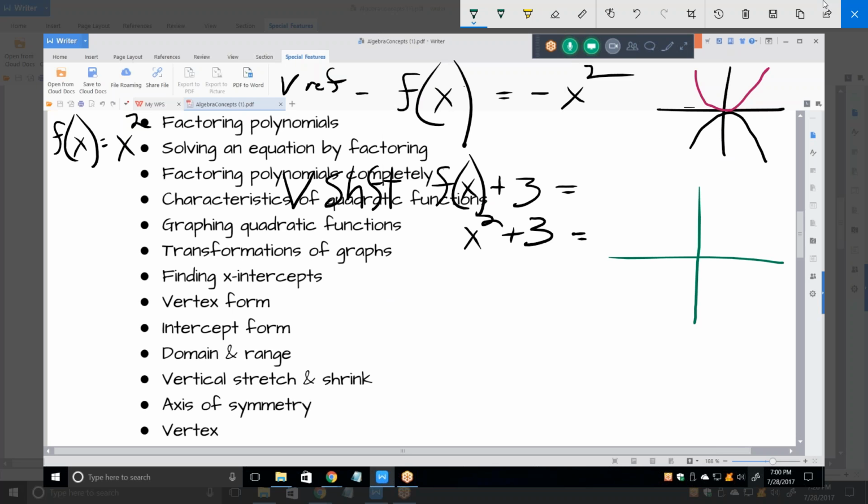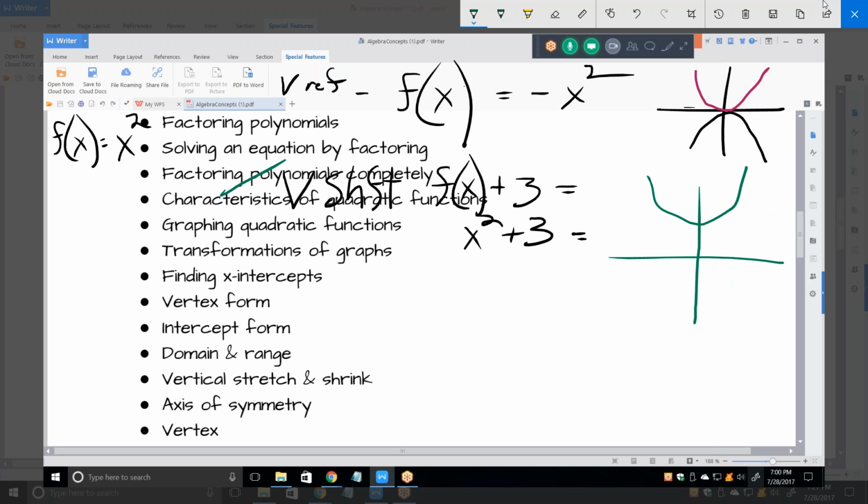Give me the x and y coordinate of the vertex. I think it's shifted 3 over. No, it's vertical. It's a vertical shift. Oh, so up 3? Not over to the right or over to the left. It's either up or down. It's up then. Okay. And it would be shifted exactly 3 units up.